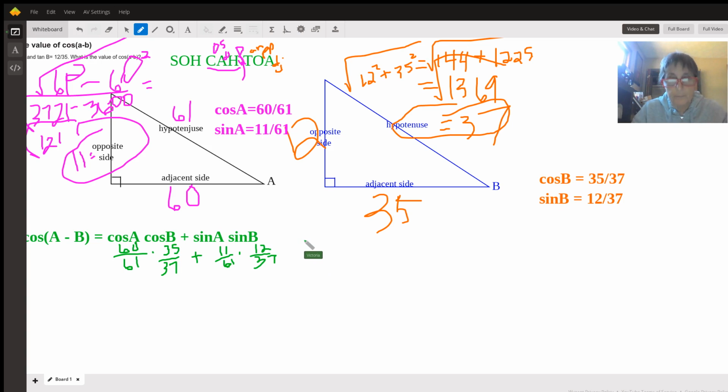Okay, so now the common denominator here would be 61 times 37, which is 2257. And then 60 times 35 is 2100. That's this top.